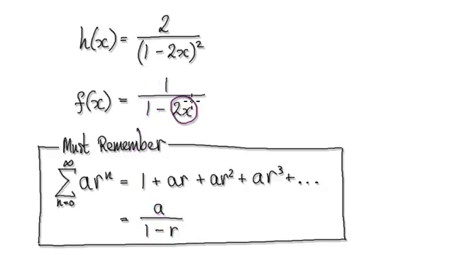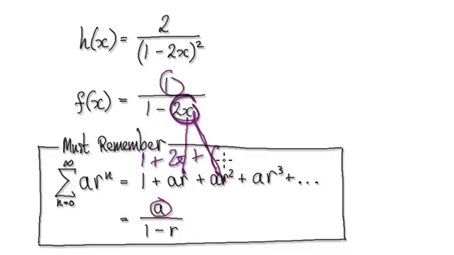So what that means is, if we put this into here, remember a is 1, so our series will be 1 plus, well, put this into here, so that will be 2x. Don't forget a is 1. So put this 2x into the r here, square it. That will then give you 2x squared. Put it into here, that will give you 2x to the power 3, and so on.